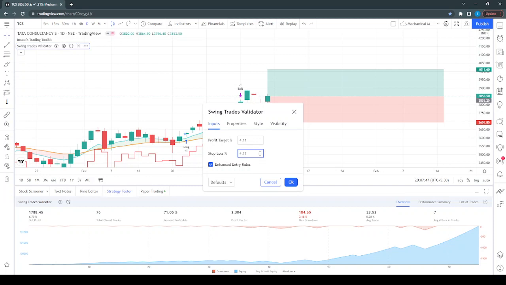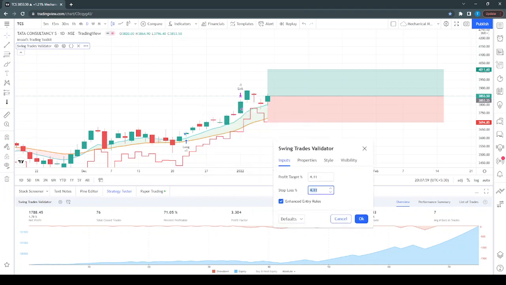Now if you've understood this much, you can just end the video. But if you want to understand a little more about what can be done, let's say I think that maybe I can keep an 8% stop loss and an 8% profit, that is double, right?